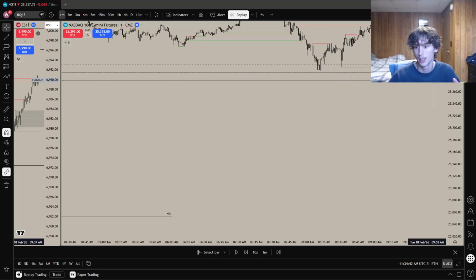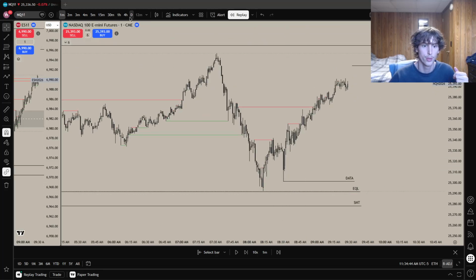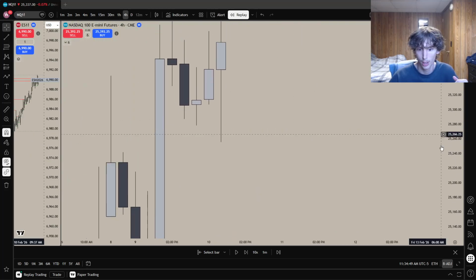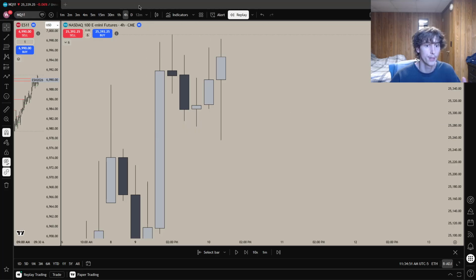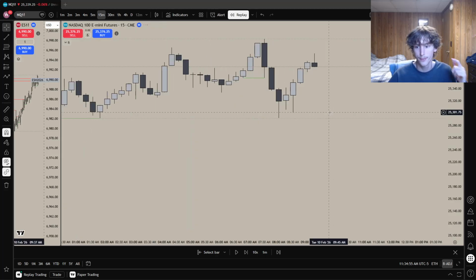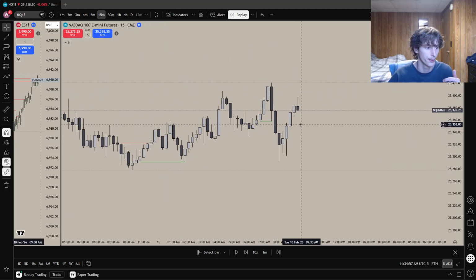Dropping down to the 1 minute, I saw that we had data lows right here. We also had this 4-hour low right here that I wanted to get swept to then deliver us higher. There was 15 minutes on this leg, right? You can see these two 15-minute gaps, but I'll go ahead and mark these out.